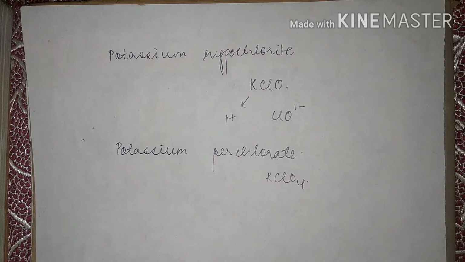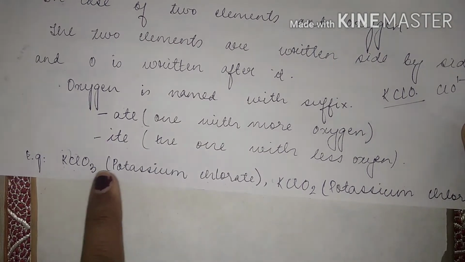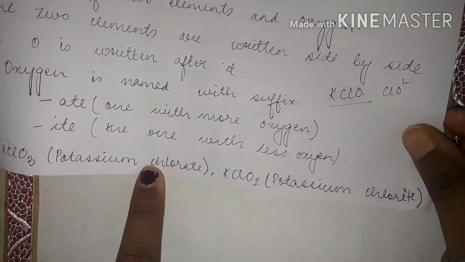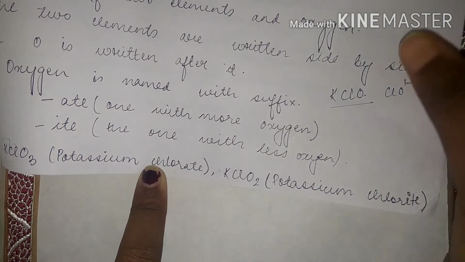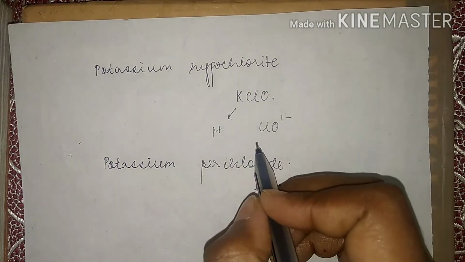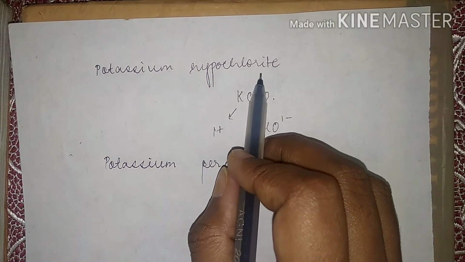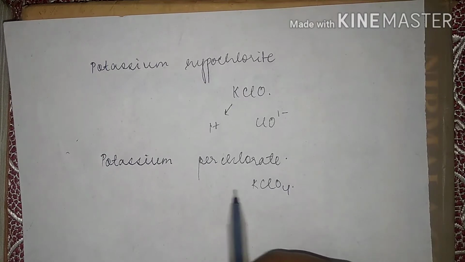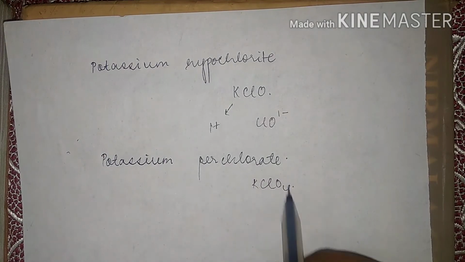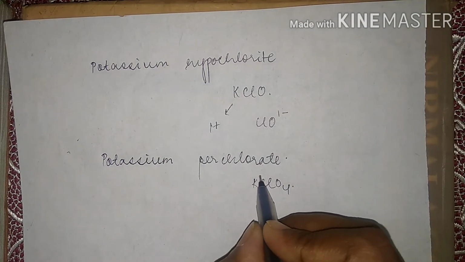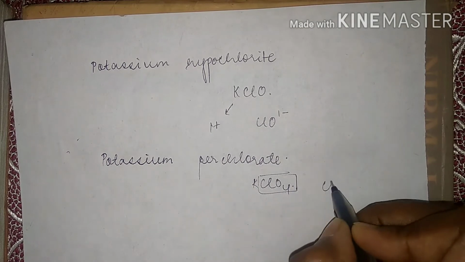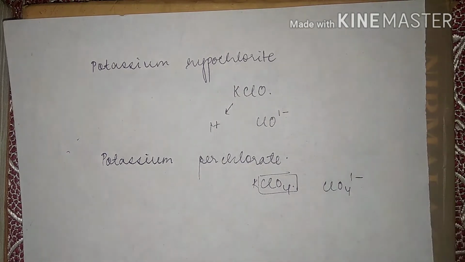Okay, we had before potassium chlorate as KClO3, potassium chlorite as KClO2. Then we can write KClO as potassium hypochlorite and potassium perchlorate as KClO4. Here the radical used is perchlorate as ClO4, 1 negative.